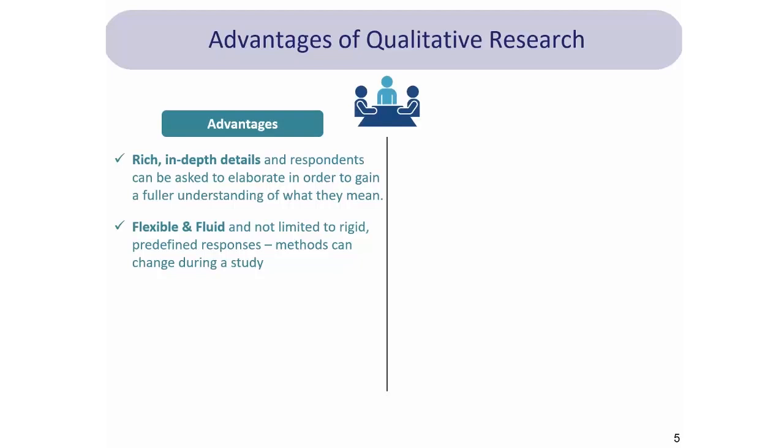So if we're finding that something isn't working, we're not getting the kind of color that we want, we're able to maybe tweak things while the study is ongoing. So maybe the first group, this one thing didn't work, but let's try something else with the next group, with the next interview. That gives it that flexibility to adapt as we're discovering things during the course of the study, something that's not so easily done in the quant side of things.